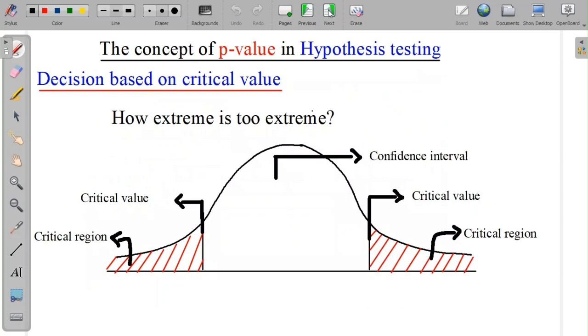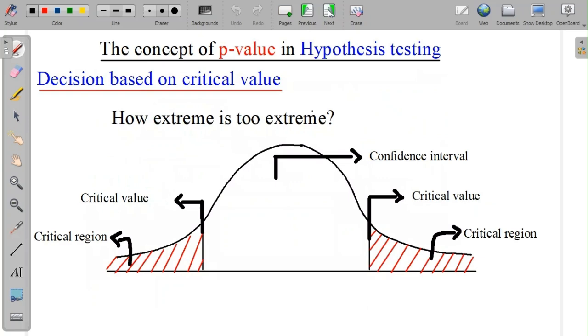If the value falls in the confidence interval, we accepted the null hypothesis. If the value falls in the critical region, we rejected the null hypothesis. We saw that for a two-tailed test, the critical region is at the two extremes. For a one-tailed test, it is towards the left extreme or the right extreme. Now, these decisions are based on the value of the test statistic and the critical value for the corresponding test.